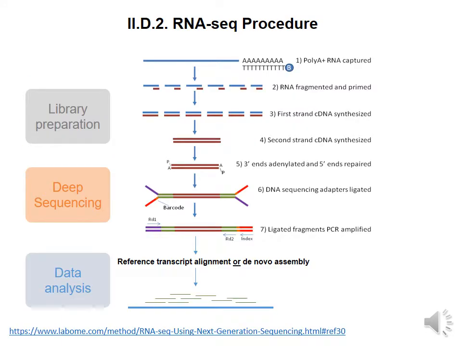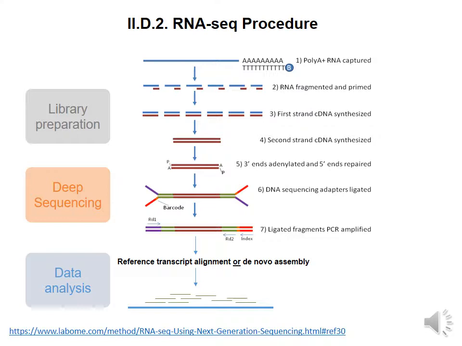In this slide, you can see the different steps required for RNA sequencing. There are three major steps that are necessary. One is library preparation, the second one is sequencing, and the third one is data analysis. For the library preparation, we start with purifying messenger RNAs using oligo-dTs bound to beads, as we described in video number 1.